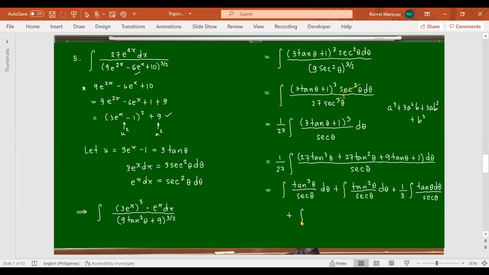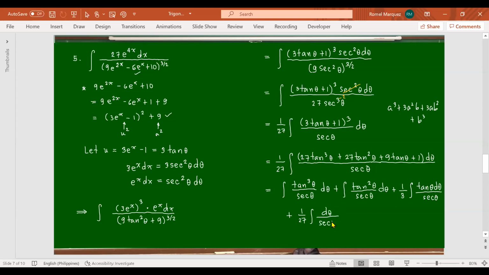Plus integral of, where am I now? 1 over 27. Am I now in 1 over 27? Because 9 over 27, 1 over 27. 1 over 27 integral of d theta over secant, no?